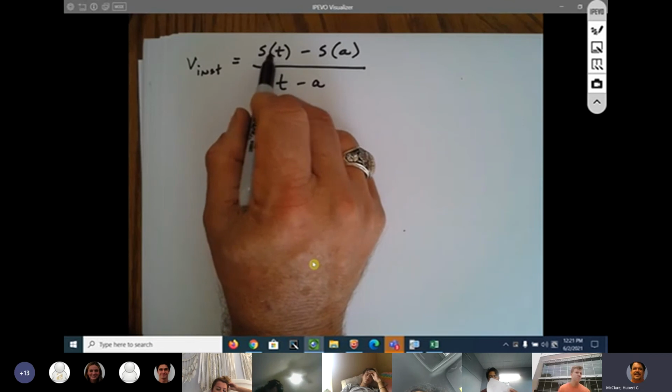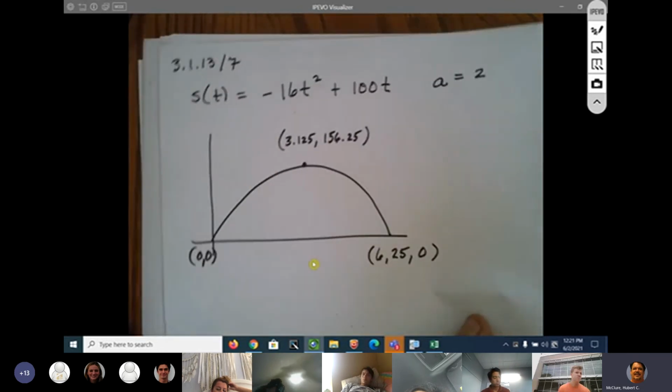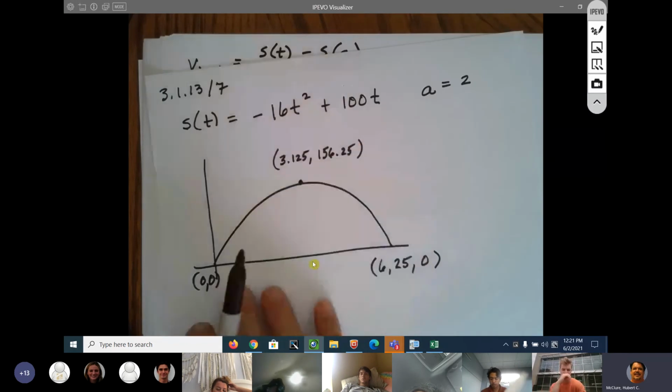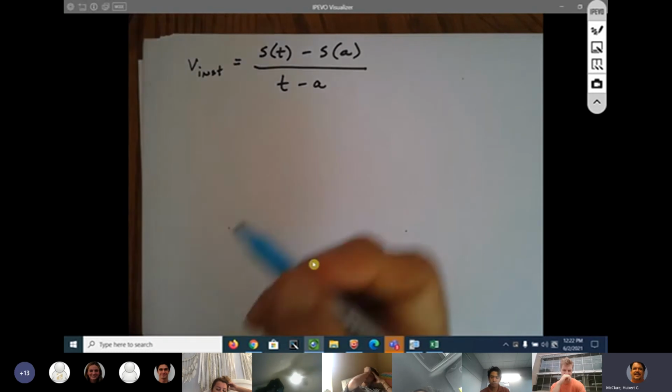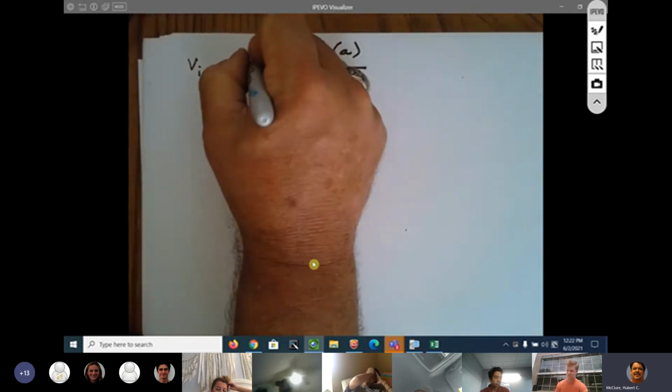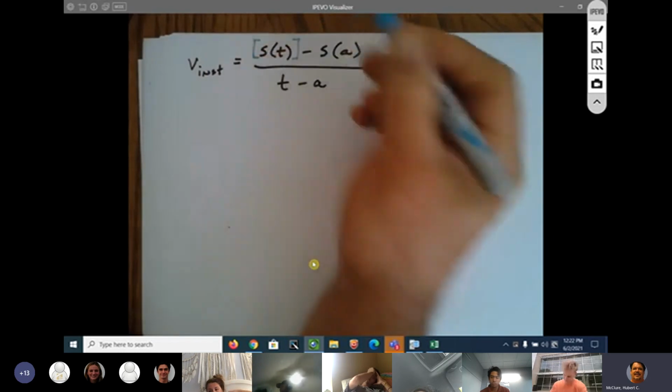Since this function is in terms of t, this is the same thing as s of t. This is the function. So this function right here, we're going to color it blue because it's going to go first. The function is going to go first instead of x plus h. So this is the function, is first.